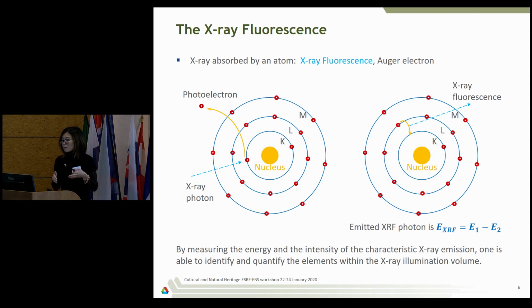In the meantime, it emits an X-ray photon, and the energy of this X-ray photon equals the energy difference between these two electronic states. This energy is characteristic to the element species. Hence, if we can measure the energy of these characteristic X-ray emissions as well as the intensity, we're able to identify the element species and quantify them in the X-ray illumination volume.